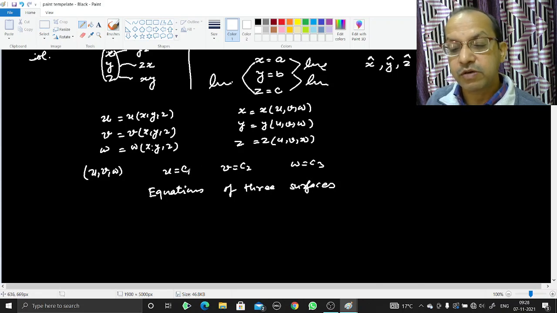So u equal to c1 and v equal to c2 are meeting in a curve. V equal to c2 and w equal to c3 will also be meeting in a curve. And u equal to c1 and w equal to c3 will also be meeting in a curve. And all three curves will be meeting at a point P, and the coordinates of that point will be u, v, and w. And the system is called the curvilinear coordinates.